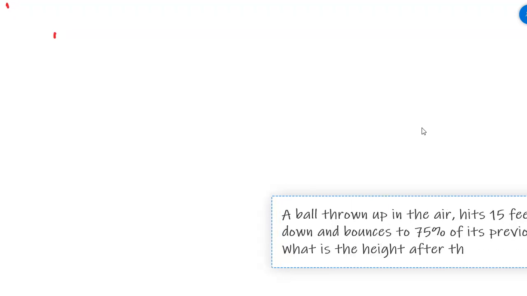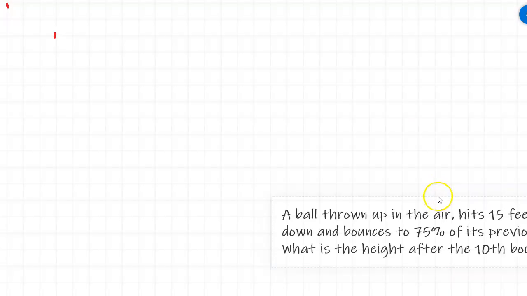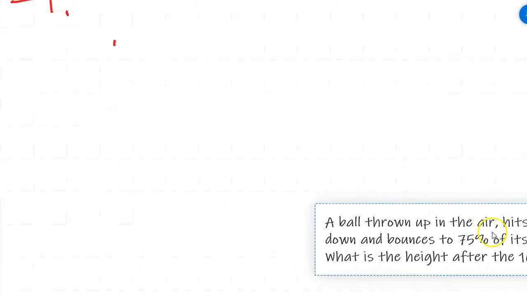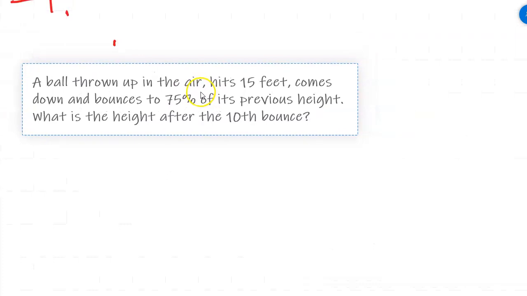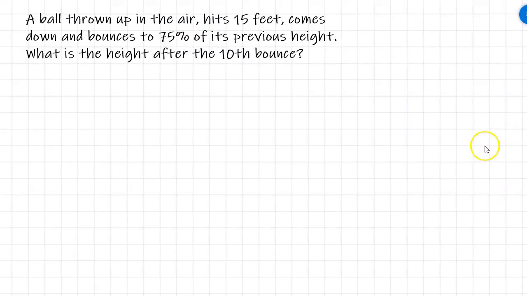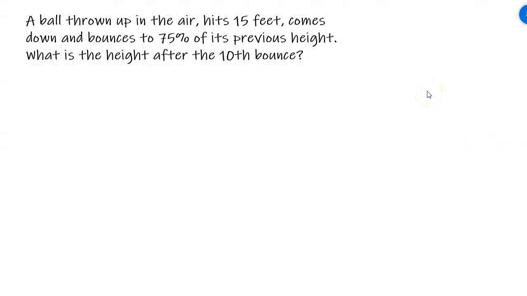What is the height after the 10th bounce? All right, so we'll put this up here. All right, so I got a ball that's thrown up in the air. It hits 15 feet, and then it bounces back to 75% of its previous height.